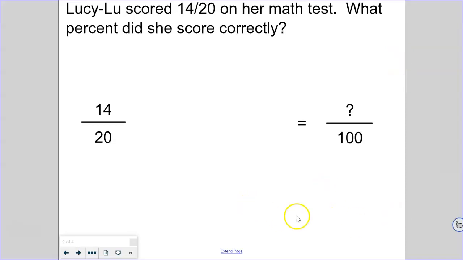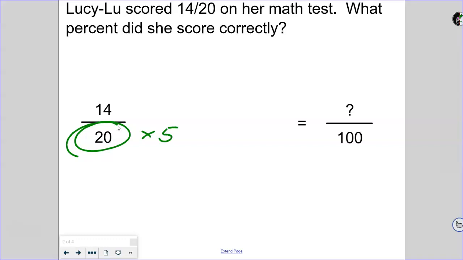So this essentially right here is what we are trying to find out. We're trying to say, okay, 14 twentieths is the same as what number of hundredths? Because then if we know that, then we know what percent we're actually talking about. Now, this one's pretty straightforward for a couple of reasons. Because if I want to find the equivalent fraction for 14 twentieths, essentially what I'm trying to do is rename 20 as 100. And I know that I can go straight from 20 to 100 by multiplying times 5.